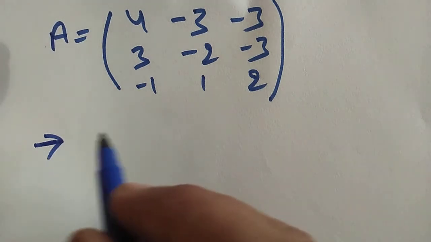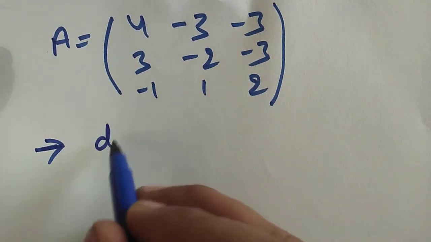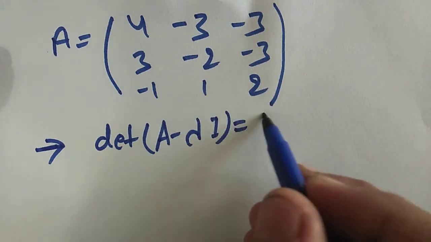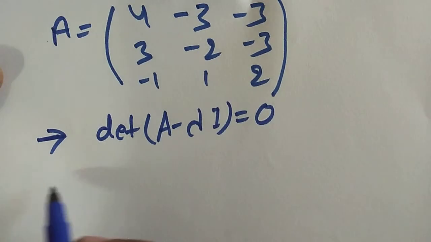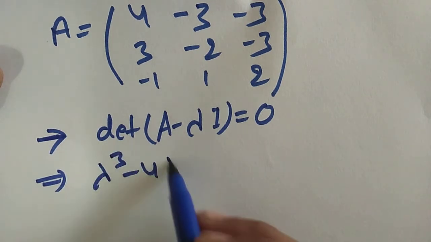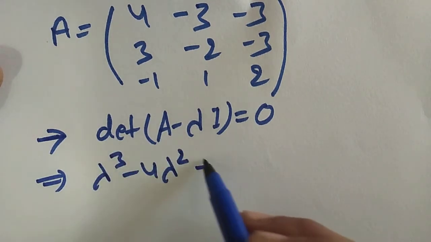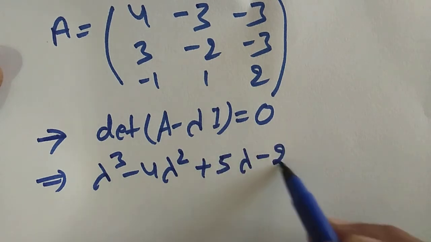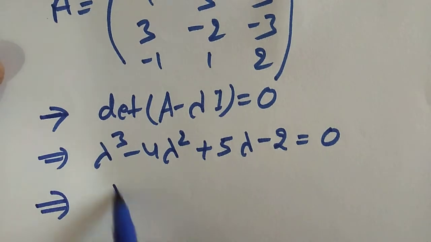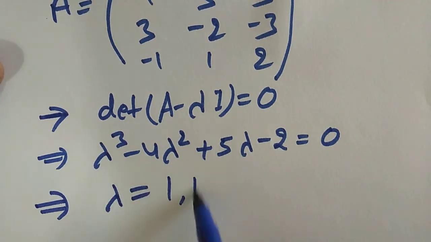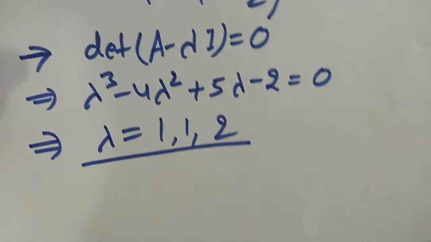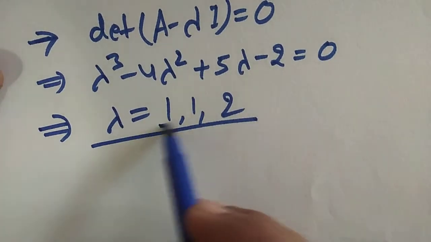So we get eigenvalues by determinant of A minus lambda I equal to 0, and we get lambda cube minus 4 lambda square plus 5 lambda minus 2 equal to 0. So now if you find the eigenvalues, we get lambda equal to 1, 1, 2. So this is the repeated roots case.